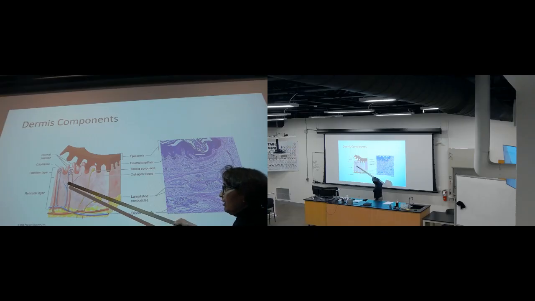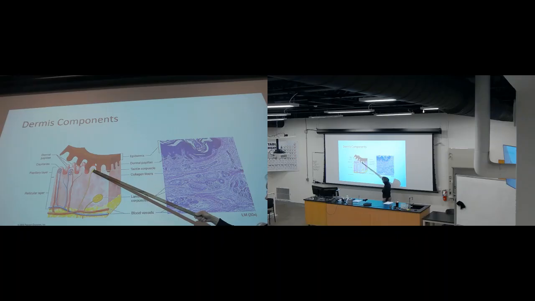And then we have these tactile corpuscles that reach these papillae, which are finger-like projections. So these tactile corpuscles help us to detect fine touch or superficial touch. And then we have these lamellated corpuscles that help to detect deep touch and vibration, and they are located in the reticular layer.